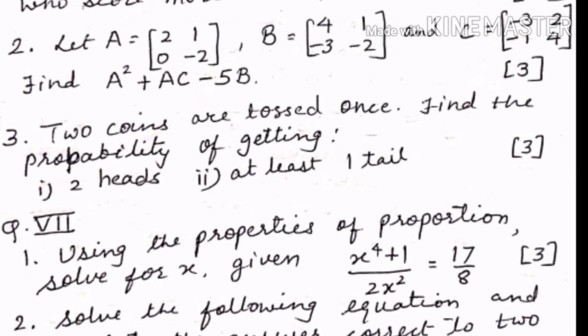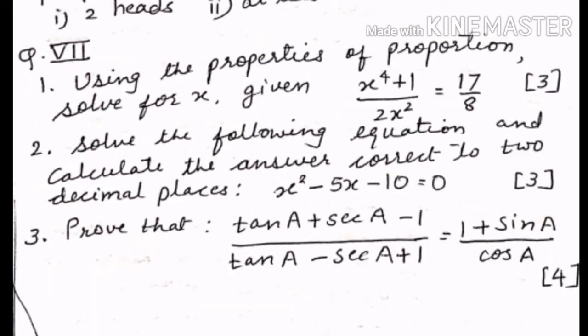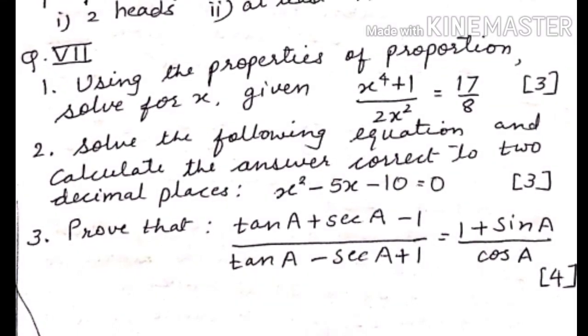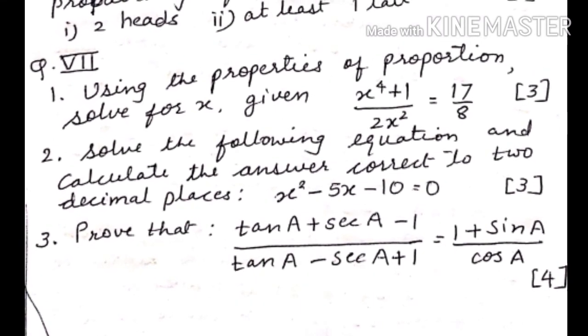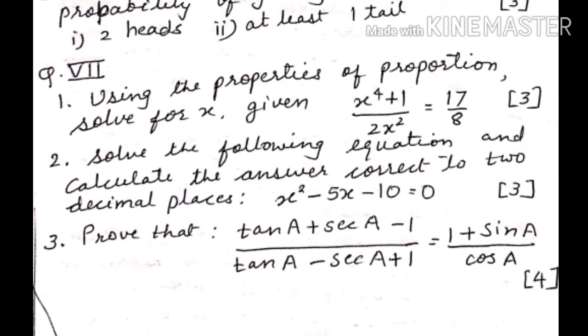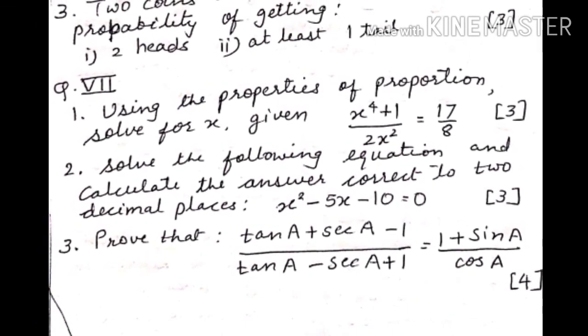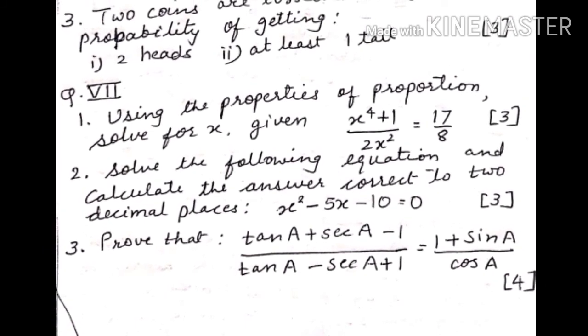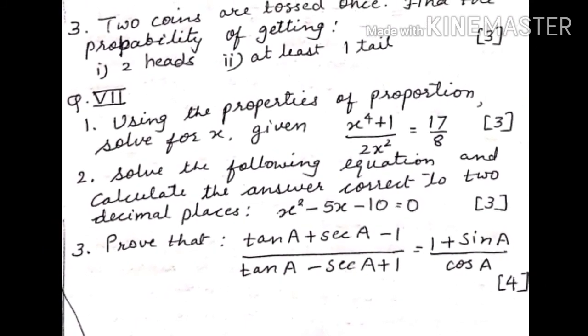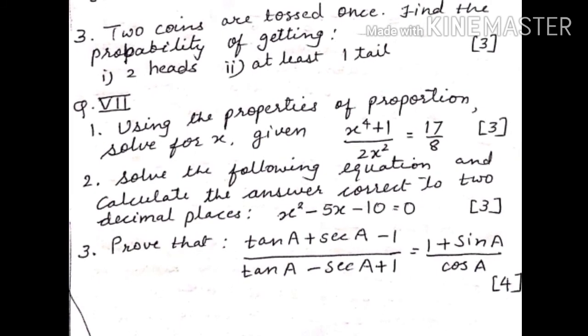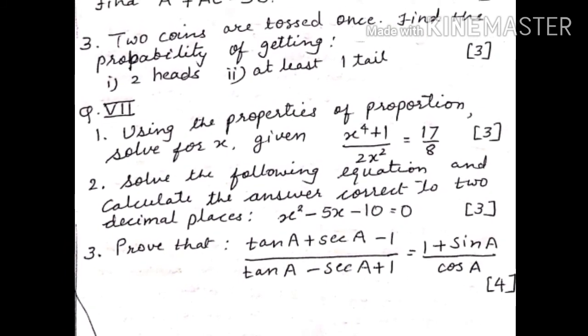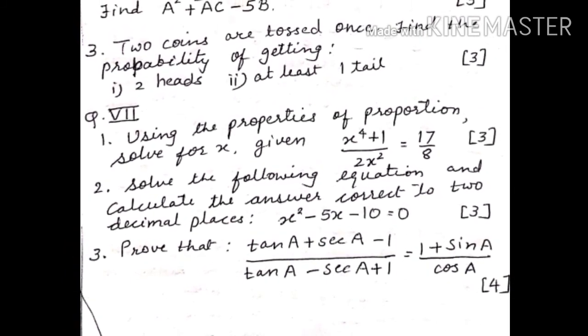On the left hand side, when you take componendo and dividendo, you will get one expression like x4 plus 2x square plus 1 in the numerator and x4 plus 1 minus 2x square in the denominator. And the same way on the right hand side, 17 plus 8, 17 minus 8 likewise. So you have to use your expansion chapter or factorization chapter, and you get the values of x.